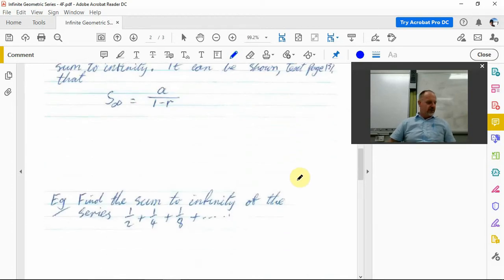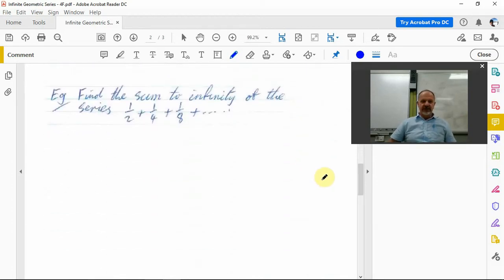All right, so let's have a look here. Sum to infinity of this series. So the first term in the series is a half, and the common ratio is also a half. Remember, you can figure that out by taking a term and dividing by the one before it.